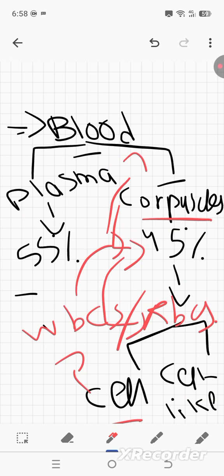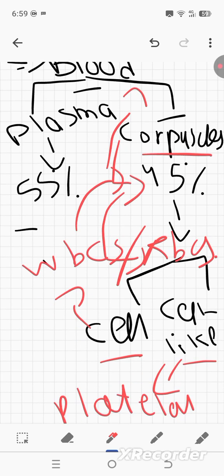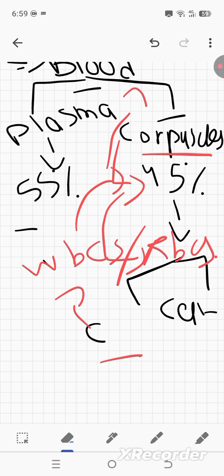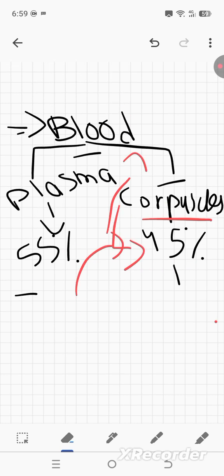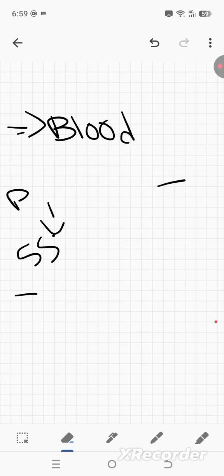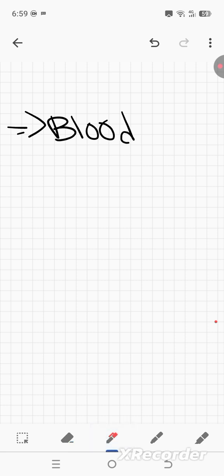Right now we just had a very simple and basic introduction about what all of these things are. Previously we had a simple overview about the blood.